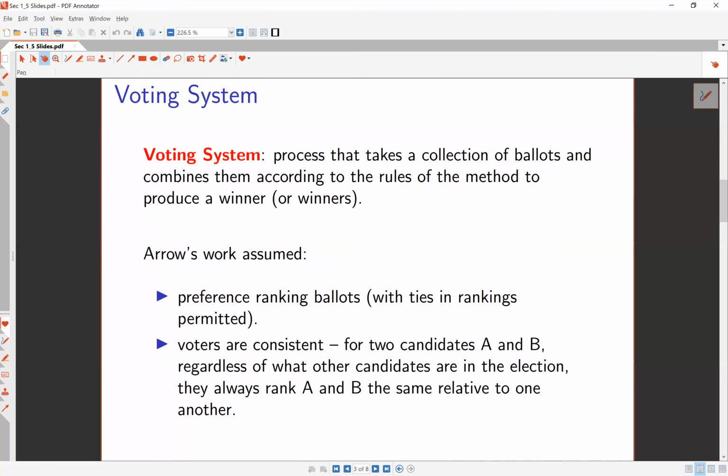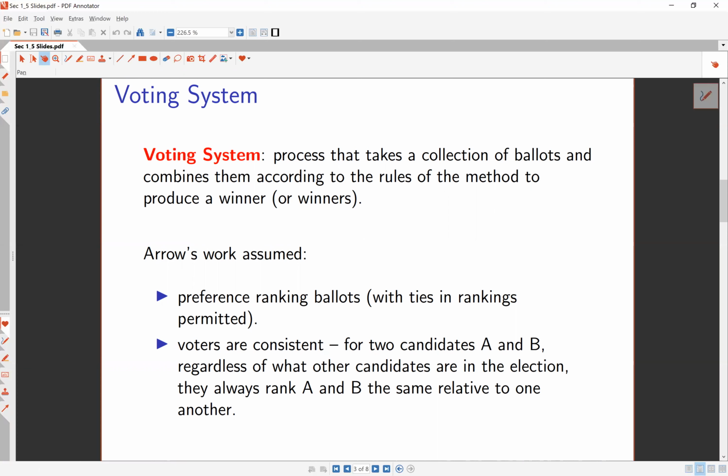So when we talk about a voting system, that is defined as any process that takes a collection of ballots and combines the information on those ballots according to some rules of a method that's chosen, and combining the results in this specific way produces a winner, or of course it could produce multiple winners.